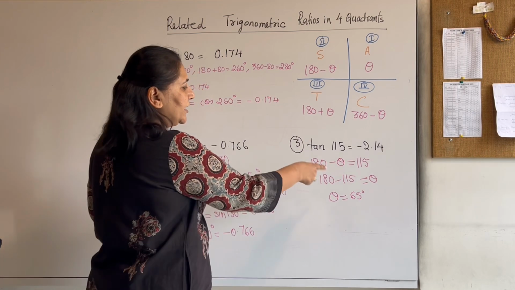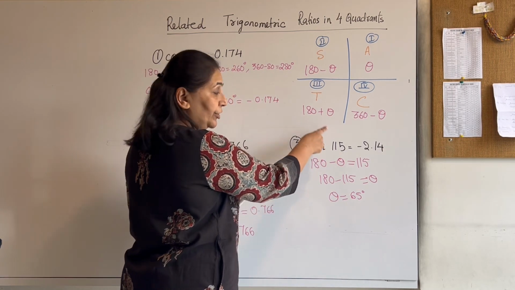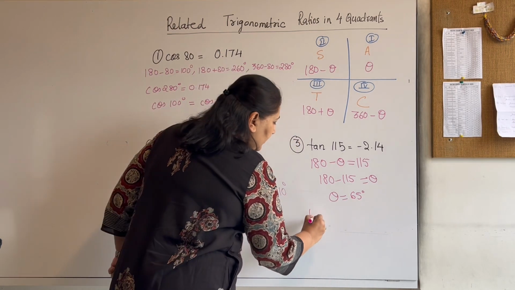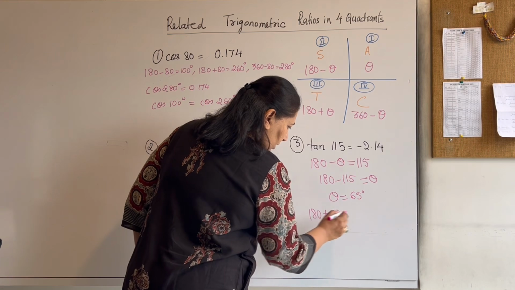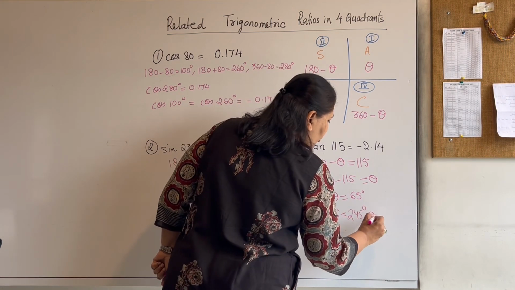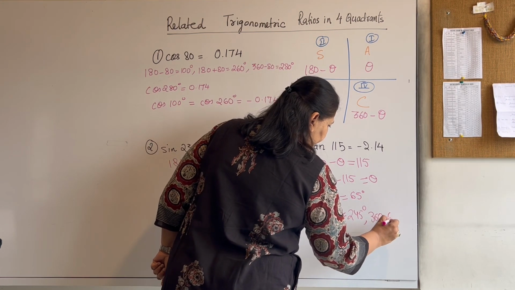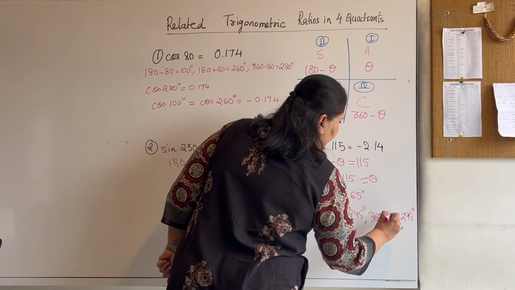Everything is very easy once we get the acute angle. So here in this case we have the acute angle and the obtuse angle, the two angles in the first and second quadrant. So the angle in the third quadrant is 245 degrees, and the angle in the fourth quadrant is 295 degrees.